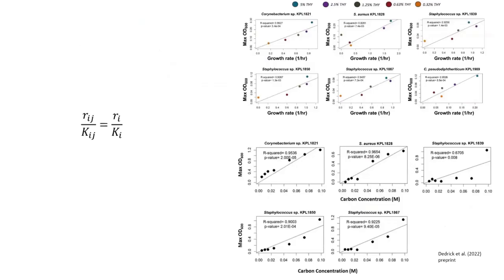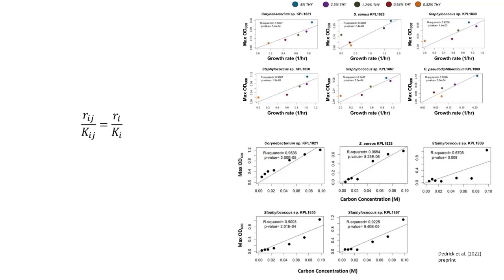One thing that you can do is test to see if your system would fit Lotka-Volterra dynamics well. This is another idea from a preprint. If it fits Lotka-Volterra, then you would expect that if you vary the conditions a bit, the ratio between the growth rate and the carrying capacity should be consistent across different interacting partners.